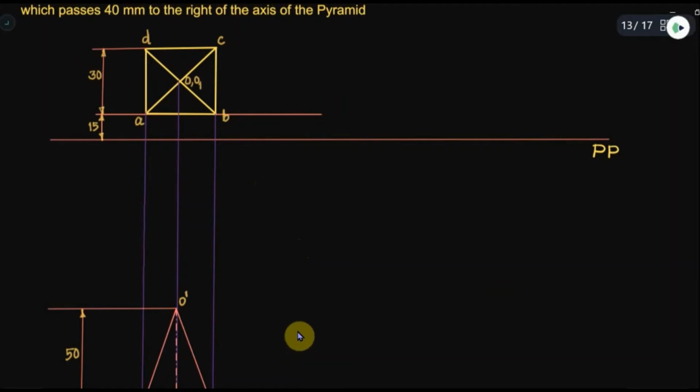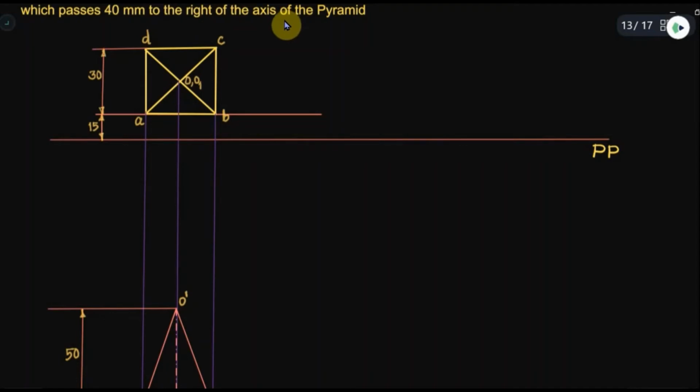So that we will locate next. See, this is what we are going to do. So we will draw a line at a distance of 40 mm from this O1 or O dash, O1 dash. O1 is the axis in the top view, O dash, O1 dash is the axis in the front view. So from the center of the square pyramid, you are taking 40 mm to the right.